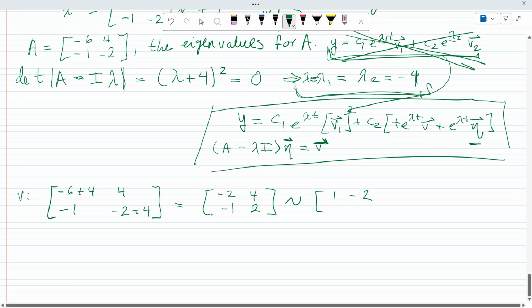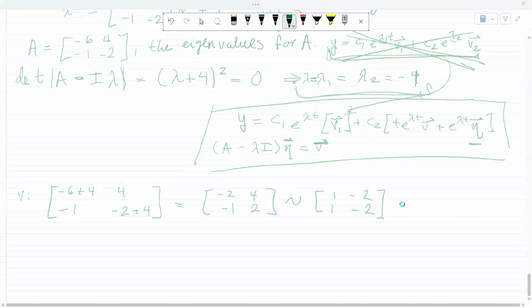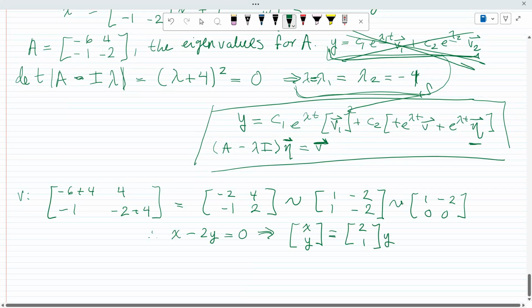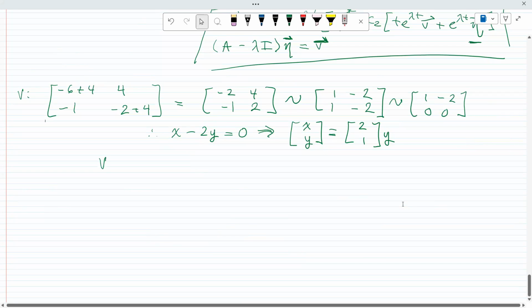Using row operations, we get this simplified matrix: 1, -2, 0, 0. So we know that x minus 2y is equal to 0. That would imply that (x, y) is equal to (2, 1) y. Therefore, our first eigenvector will be equal to (2, 1).